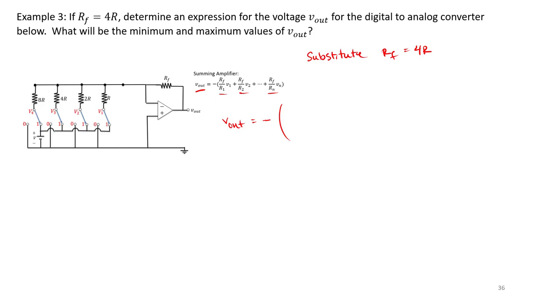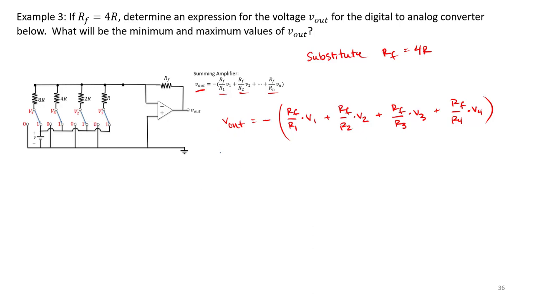Let's just proceed in order V1, V2, V3, V4. So our first term has voltage V1, and we are taking RF over R1 times V1. Then we have plus RF over R2 times V2 plus RF over R3 times V3 plus RF over R4 times V4. So we know that this expression must be true for our amplifier.